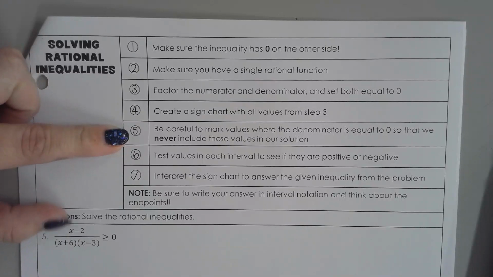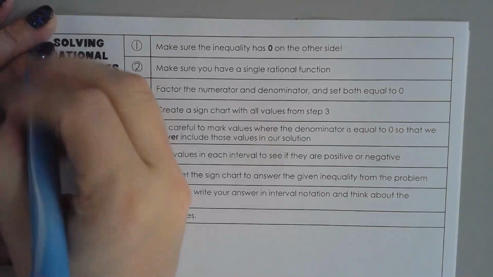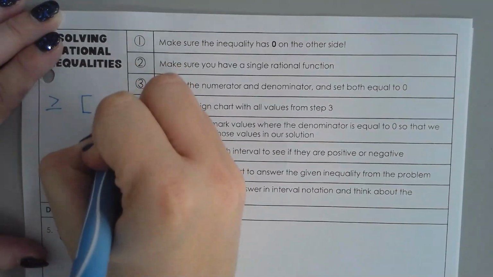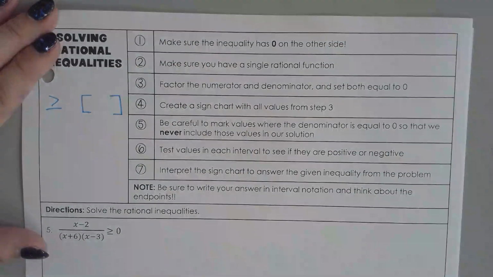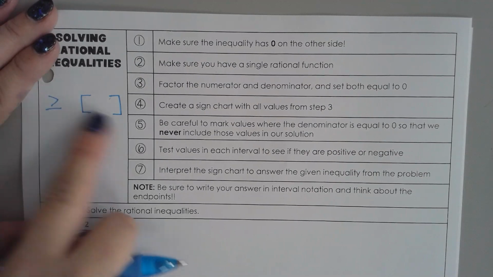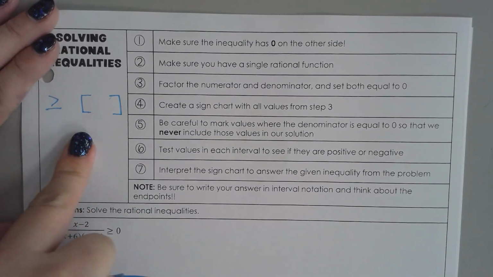Now, unlike polynomials, if we have a greater than or equal to, typically we would always use brackets for those. What a bracket means is that number actually works in your function.